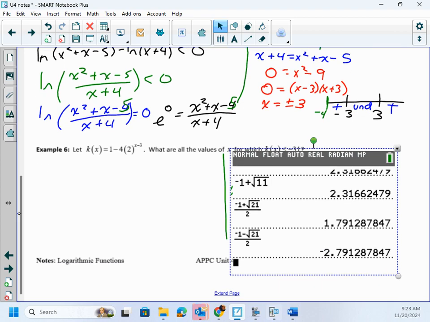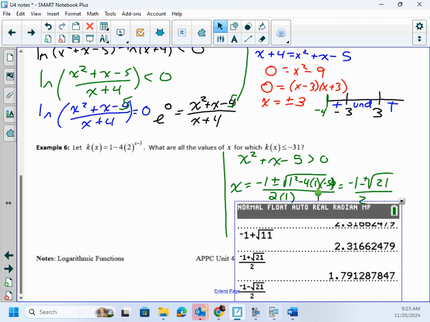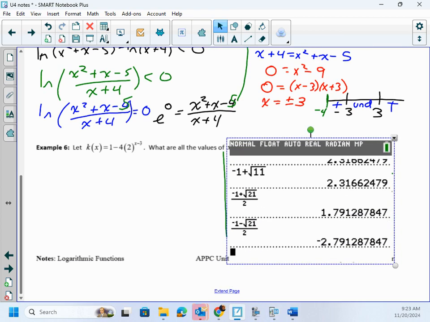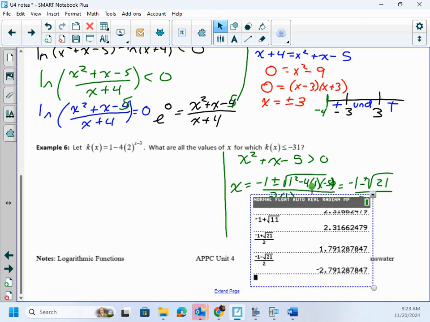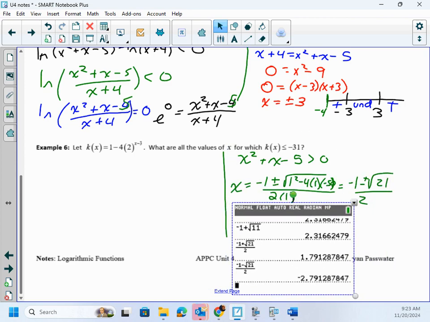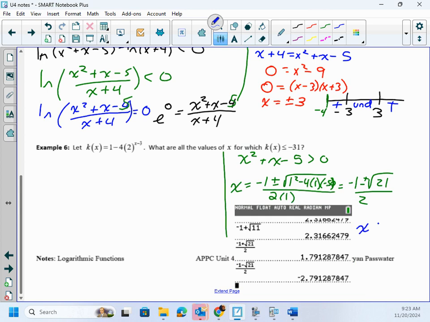Can we unmute so we can see them? So I'm going to care about x equals 1.79, or 1.7912, and x equals negative 2.79, or 2.7913. Okay, here are 3 decimal places.